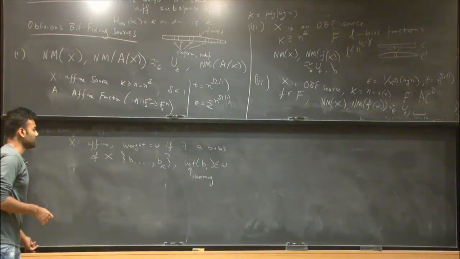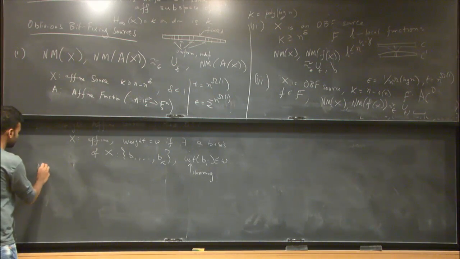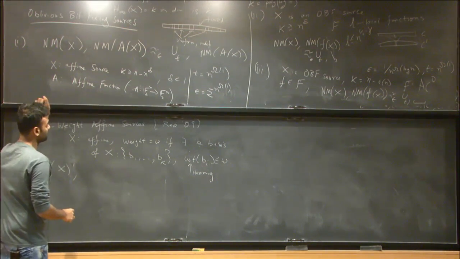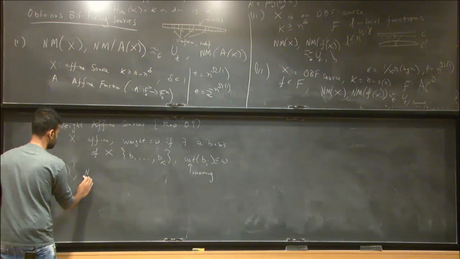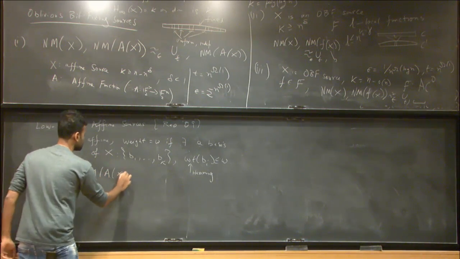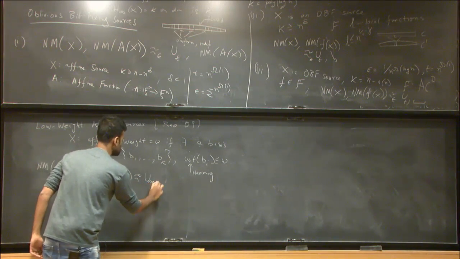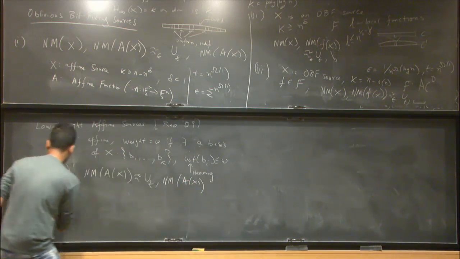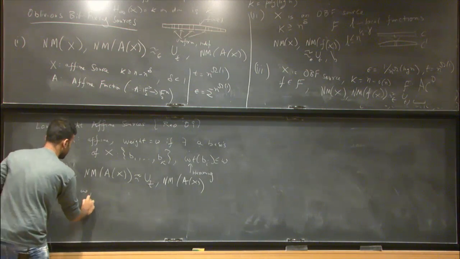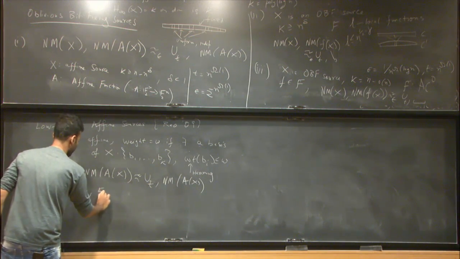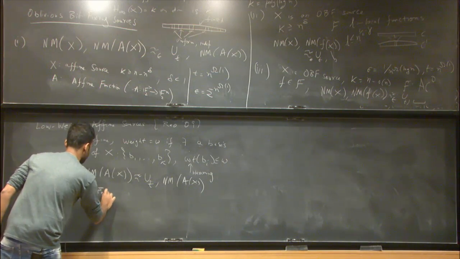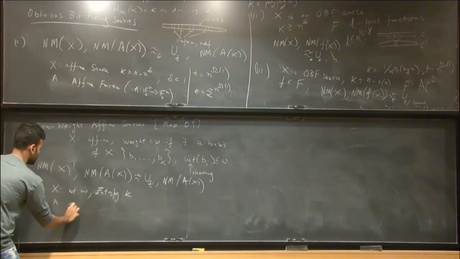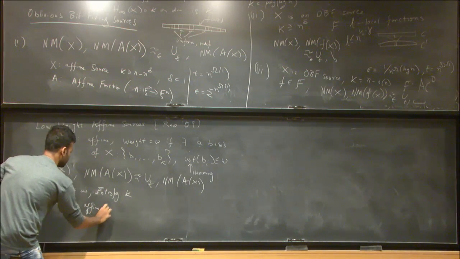And we'll be constructing non-malleable extractors for low weight sources, against arbitrary affine adversaries, where X has min entropy K and A is any affine function.